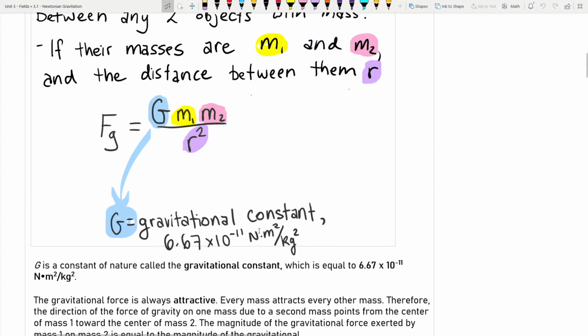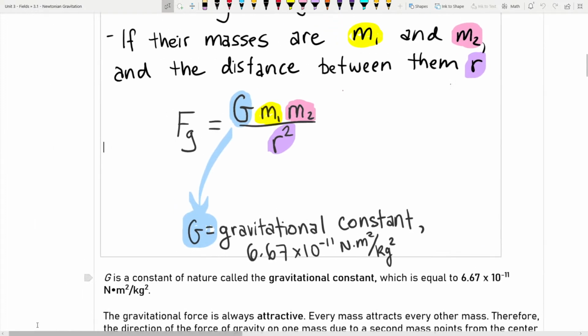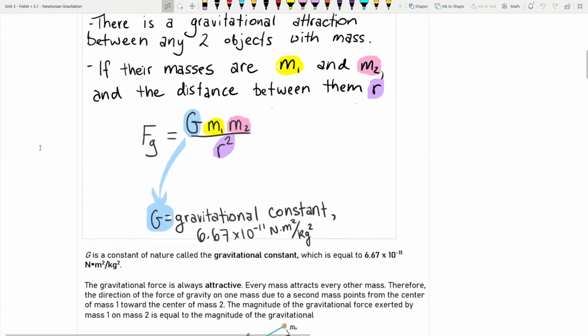That, by the way, is not a lot of force, but if you think of the implications of this equation, it means that as the distance between them gets smaller and smaller, the force will get bigger, and as the masses get bigger, the force will get bigger. Those are the two ways to increase gravity, to either increase the mass of the system or decrease the distance between the masses in the system.